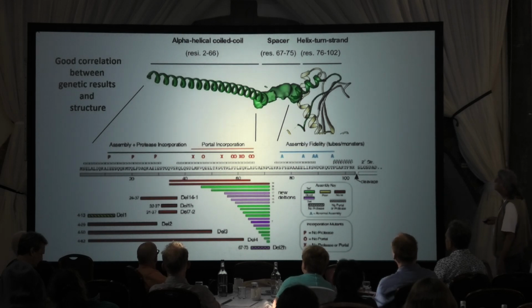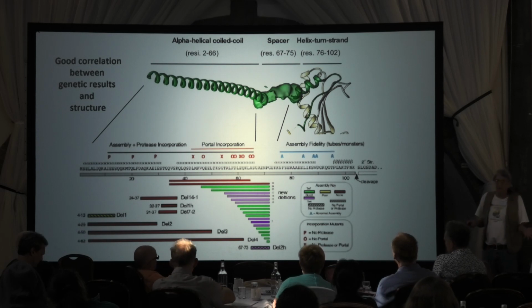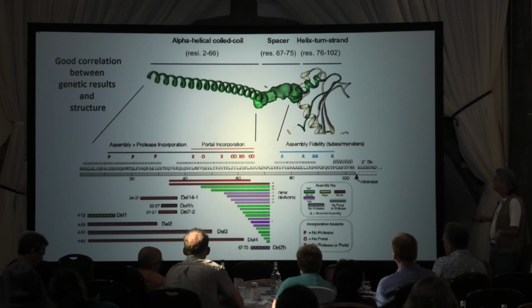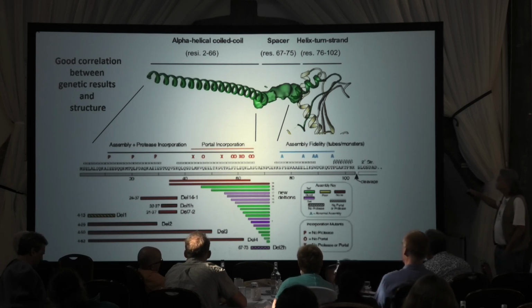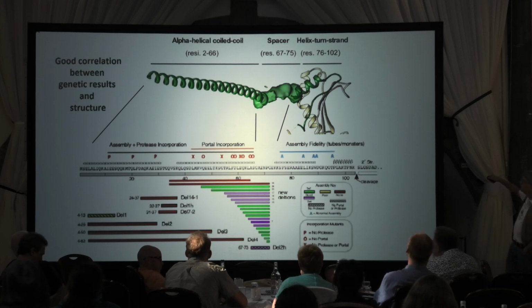So we have a good correlation between the mutation results and the phenotypes of the mutations and the structure that Alexis has shown you. So we have the interior capsid binding domain, and mutations there affect assembly.